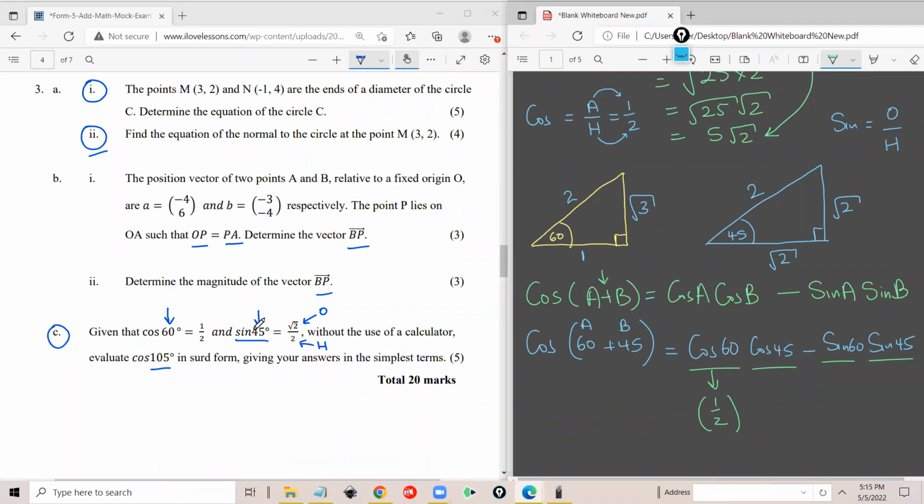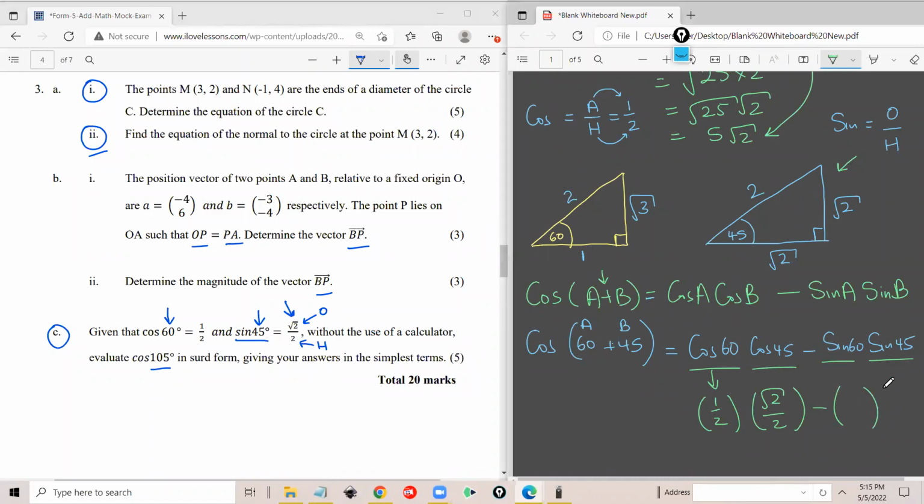He gave us sine 45. But don't we have this triangle over here? Cos 45 is adjacent divided by what? Hypotenuse. So it will be the square root of 2 divided by 2. It just happens to be the same value as sine 45.